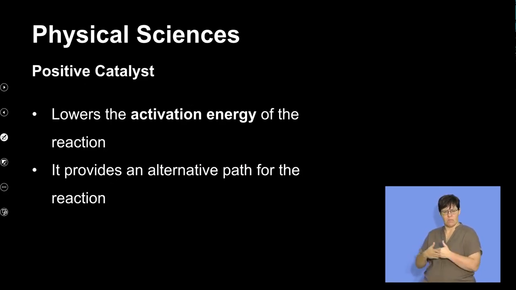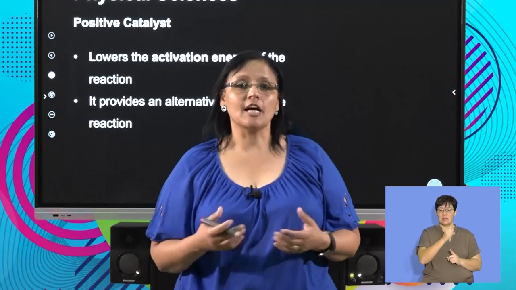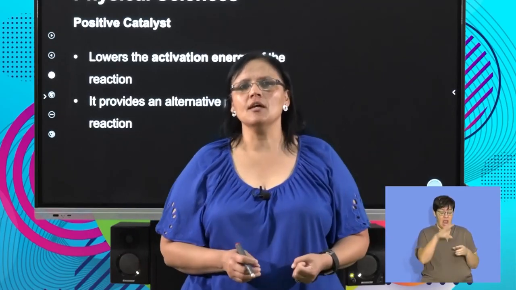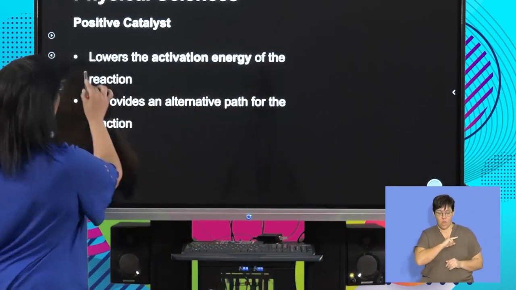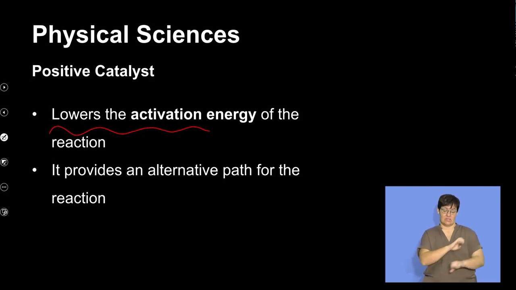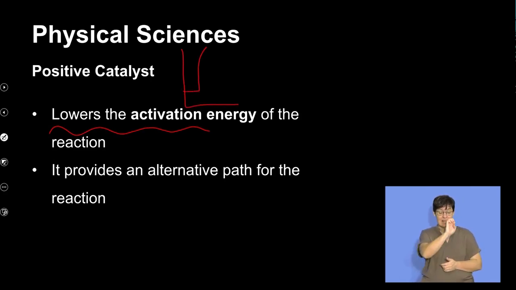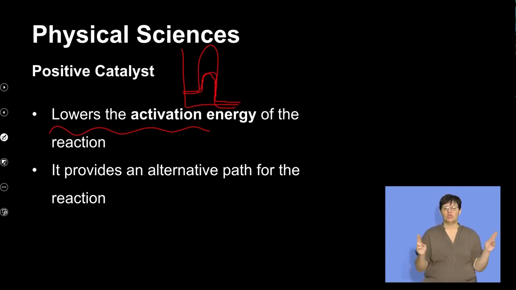Right. I want to remind you that a positive catalyst is a substance that does not take part in the reaction, but it does speed up the reaction by lowering the activation energy. So if the activation energy is lowered, it basically means it is an alternative route that can be followed.